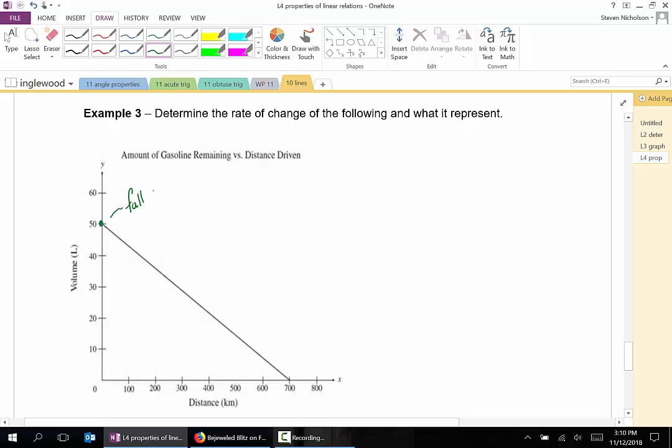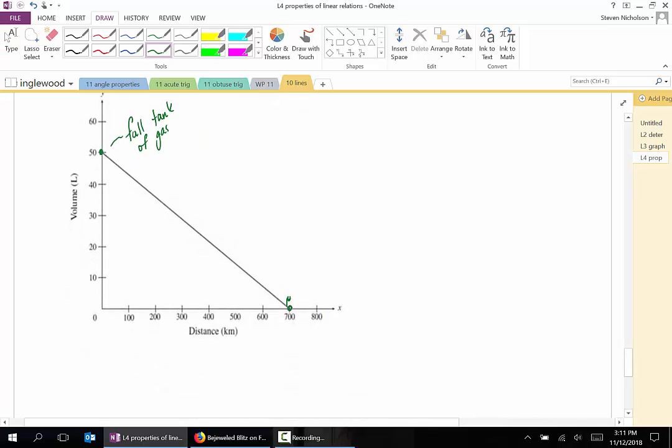At distance zero, you have 50 liters in your tank, a full tank of gas. And this point right here, again, we are totally empty, so out of gas.